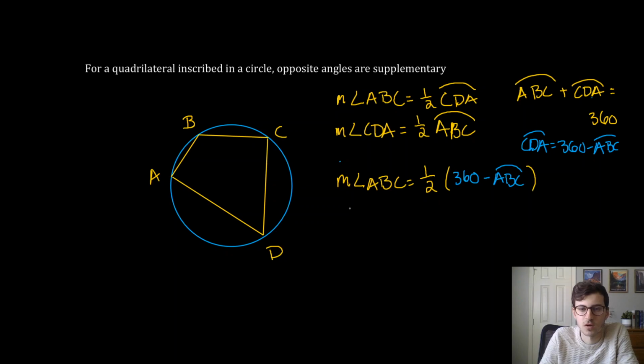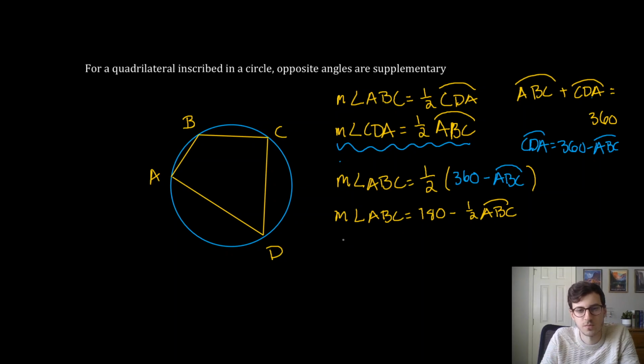Okay, now we're getting somewhere. So then the measure of angle ABC is equal to half of this, so that's 180 minus 1/2 ABC. Oh, and look, CDA is 1/2 ABC, so I can just substitute that. The measure of angle ABC equals 180 minus the measure of angle CDA.